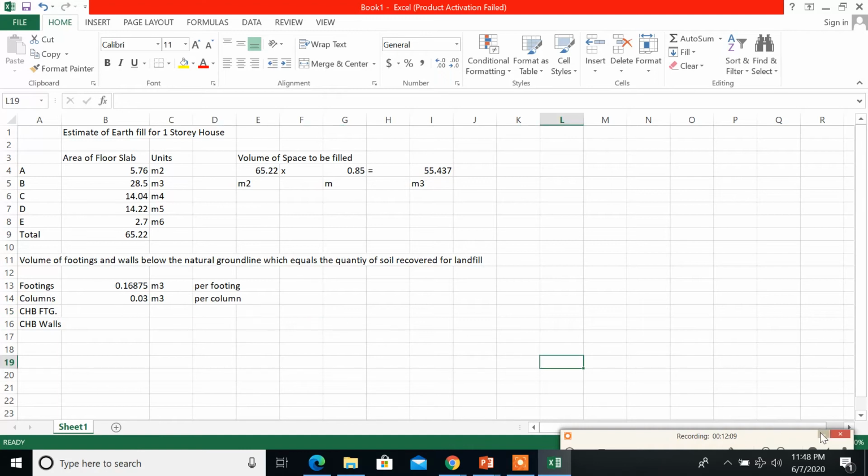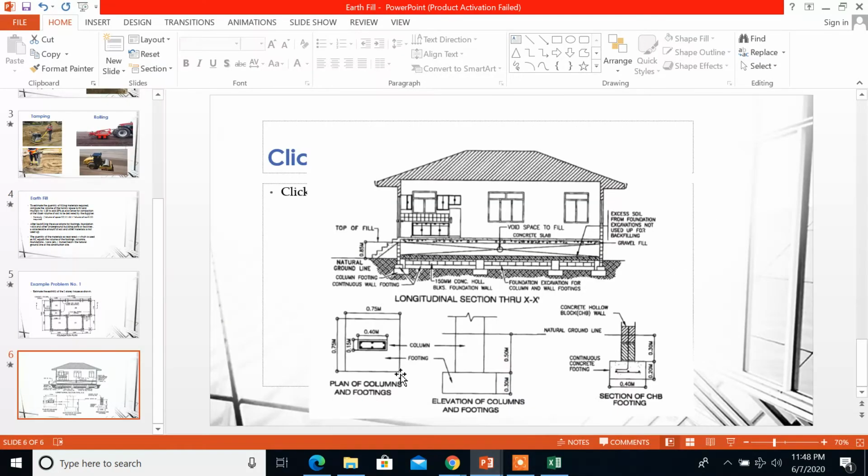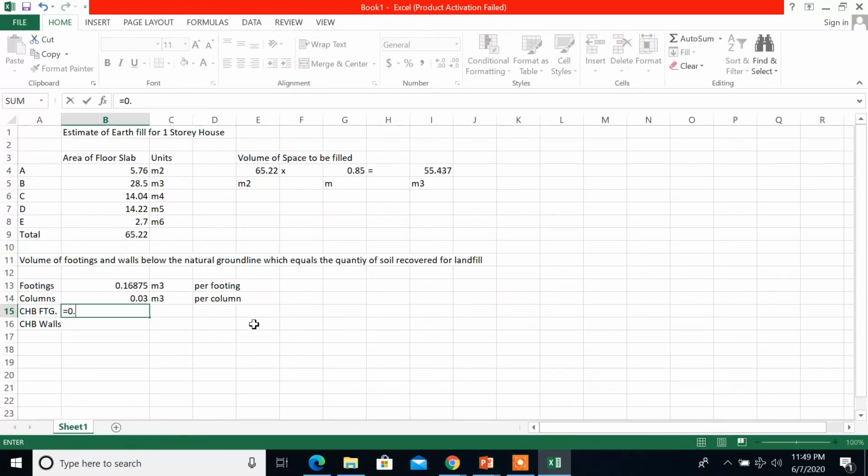Then next, for the CHB footing, size of the CHB footing based from the problem shown is equivalent to 0.2 by 0.4. So 0.2 times 0.4 times length. So it is by total length.